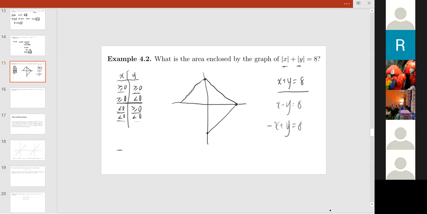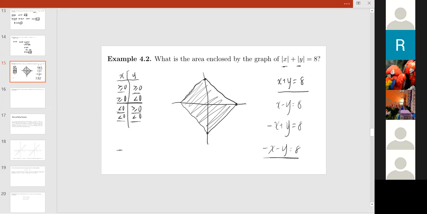Finally, for the third quadrant, since both are less than 0, we have negative x minus y is equal to 8. So we choose the points negative 8, 0, and 0, negative 8, which lie on this line. So this is the shape that is formed by this graph.